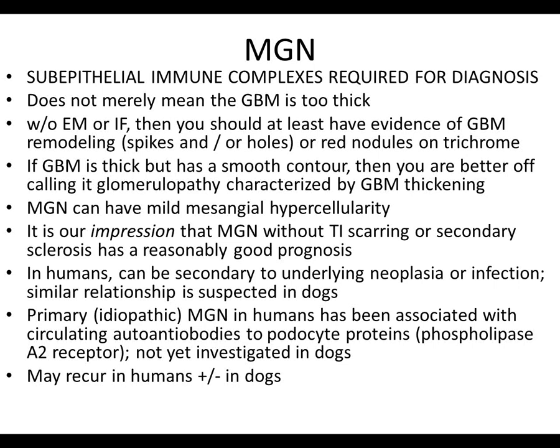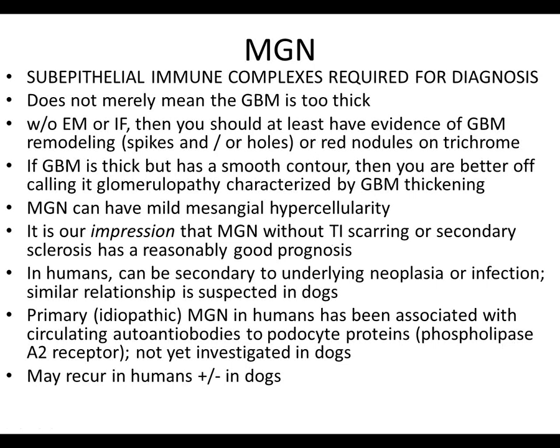And then the last 3 points. In humans, membranous actually gets subdivided into two separate categories, either secondary or primary/idiopathic. We think in veterinary species we often see the secondary phenomenon, but again, we haven't really looked for the protein that is involved in primary membranous, which is the phospholipase A2 receptor.